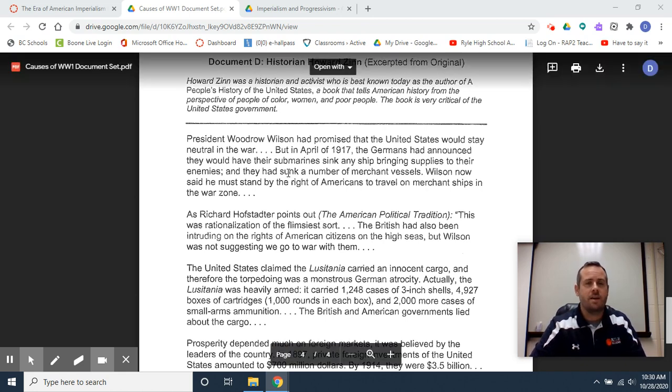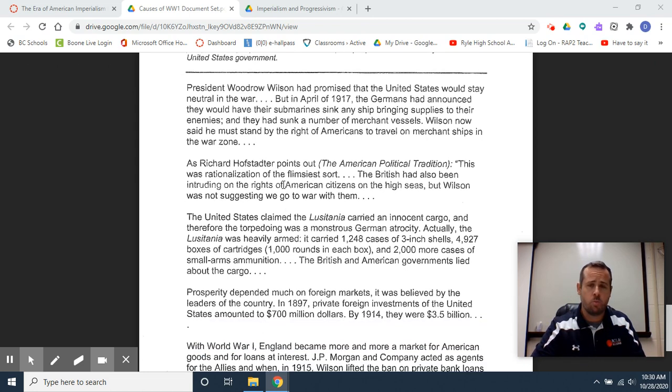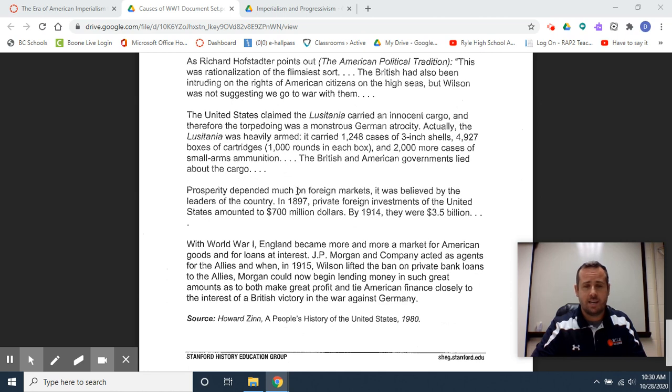Historian Howard Zinn points out a more cynical or critical view of America's involvement in World War I. On this last document, he says, America said we were neutral, but we always favored Britain more than Germany. And in fact, during those years that we were neutral, we traded millions of dollars with the British and not nearly as much to Germany.